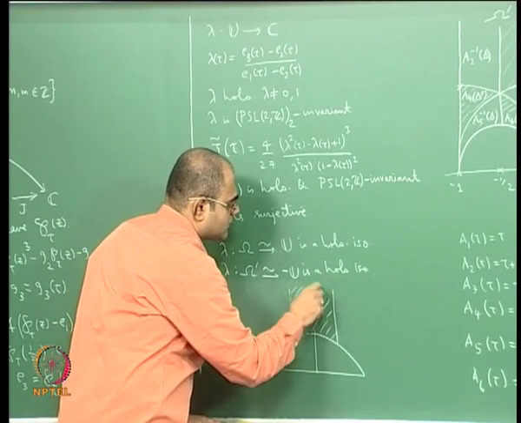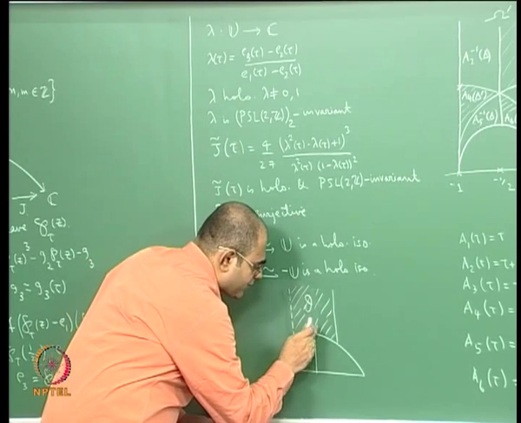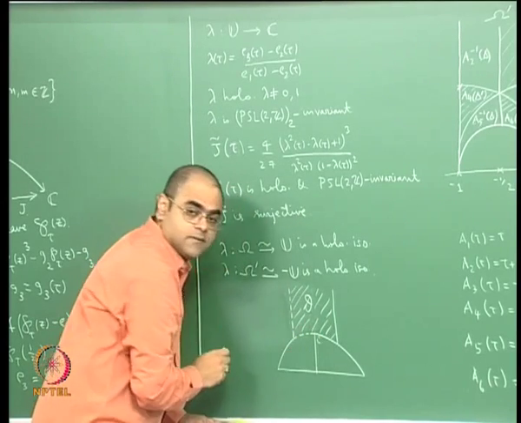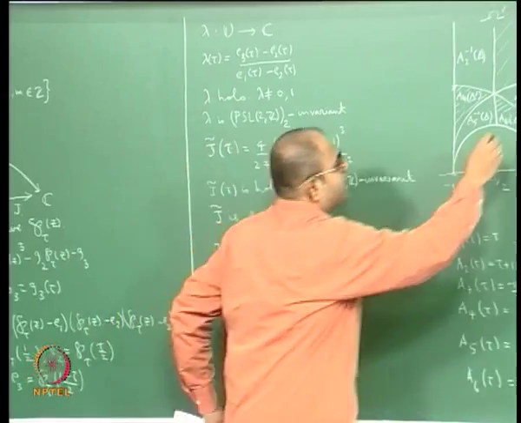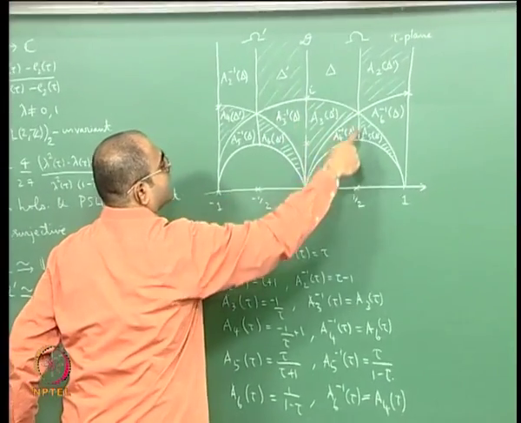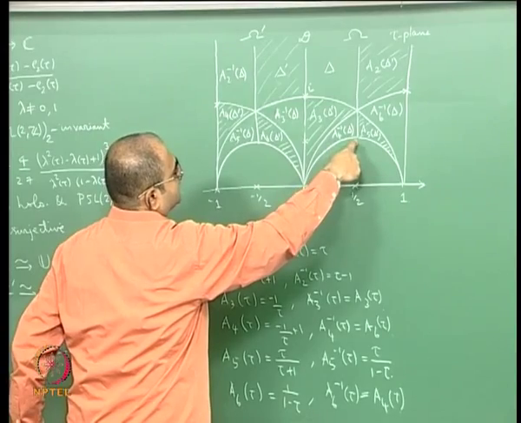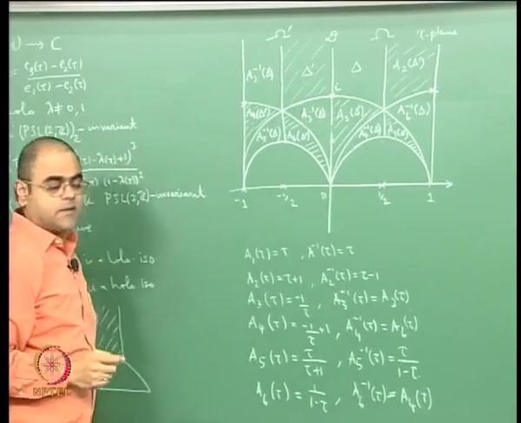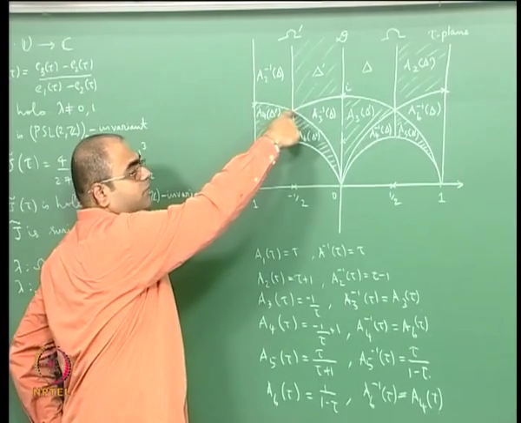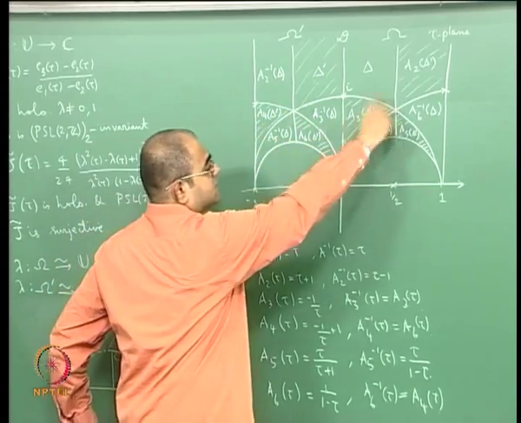Of course, this point is i, and this point is a complex cube root of unity, and this is its mirror image.